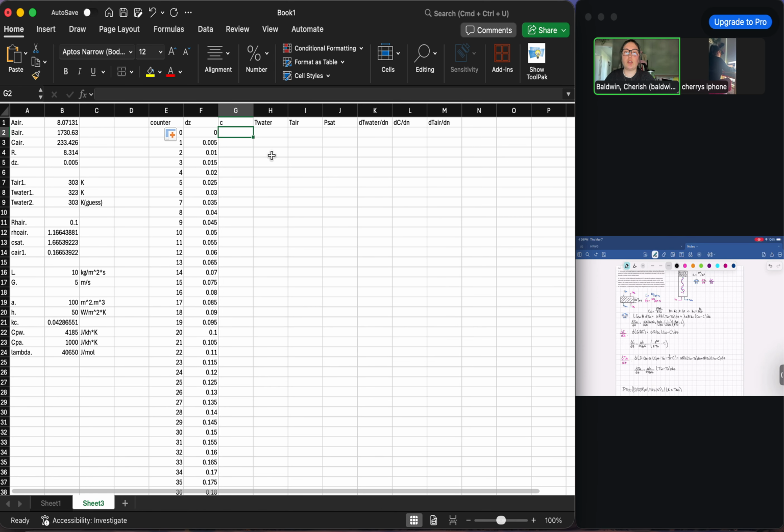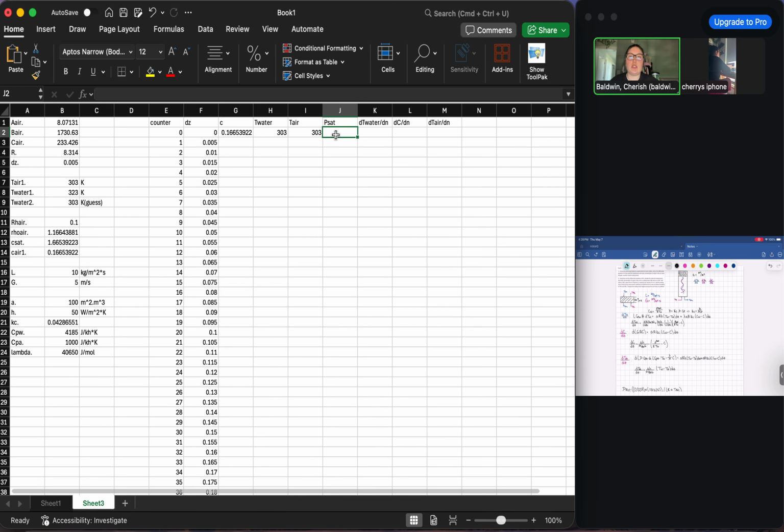So our concentration at first is equal to the concentration of air. Alright, and then our temperature of water is going to be equal to our guess, which is, we think that the temperature of the water and air are going to be equal, that we're just guessing that initially. Temperature of air is equal to temperature of air.